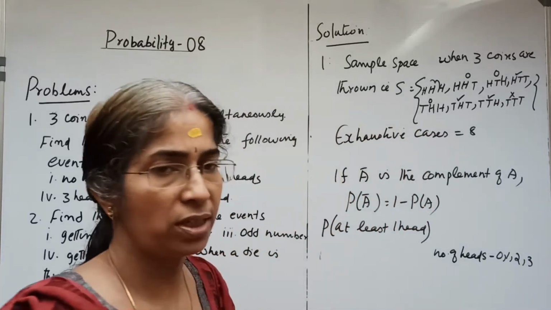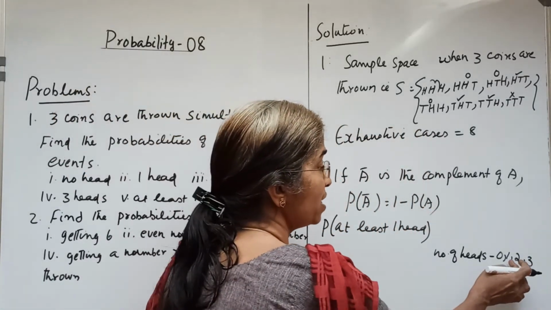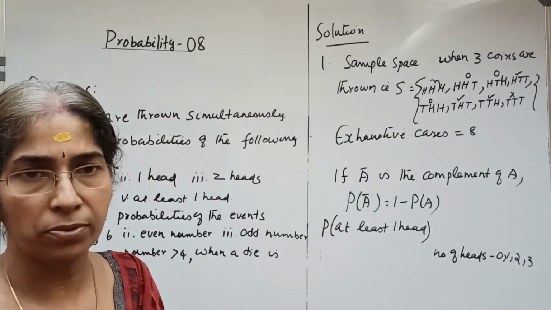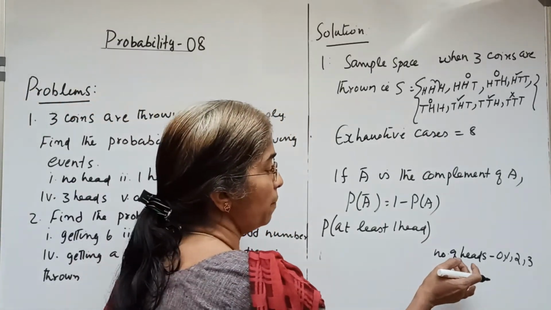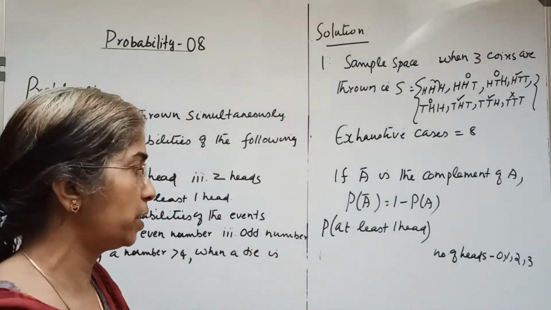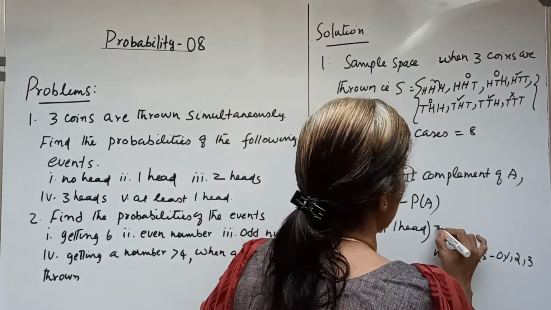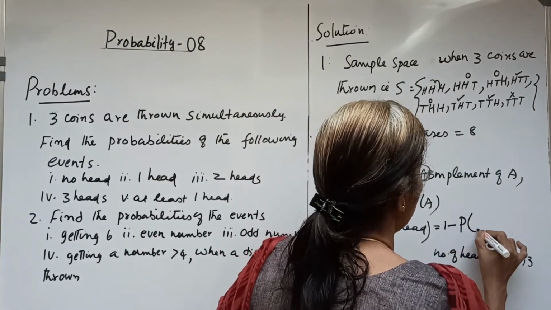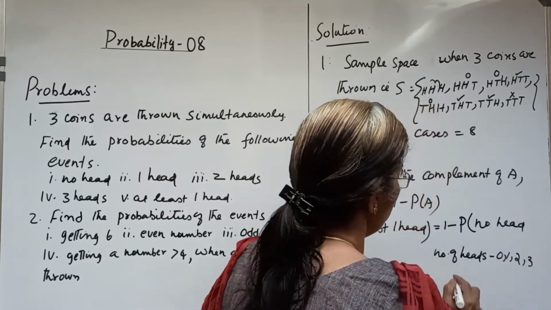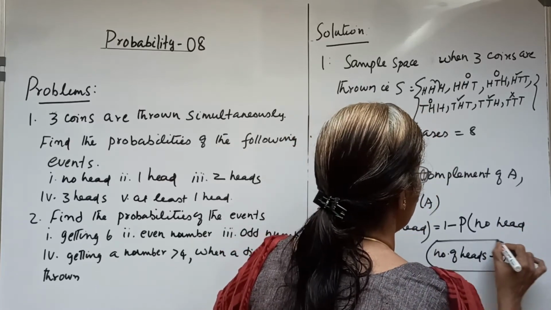So at least 1 head means number of heads greater than or equal to 1. Hence its complementary event becomes no head, that is 0 heads. So this can be obtained as 1 minus probability of no head.